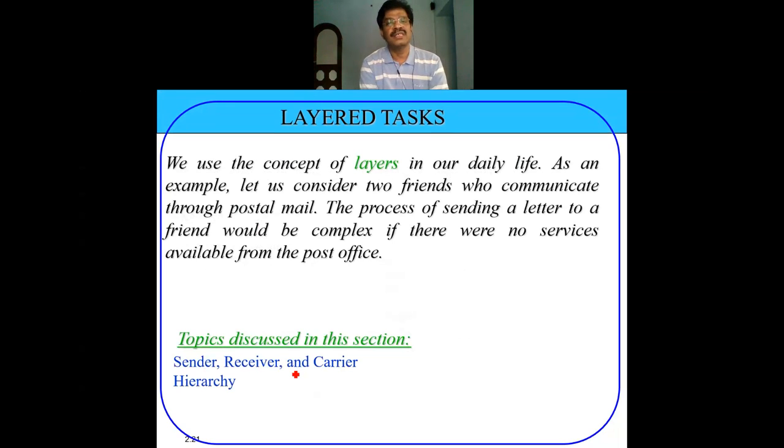Let us consider two friends communicating through postal mail. The process of sending a letter to a friend would be complex if there are no services available. One person is in Aurangabad, the second person is in Karad. If there are no services available between Aurangabad and Karad, the person from Karad cannot send a letter to the person from Aurangabad.